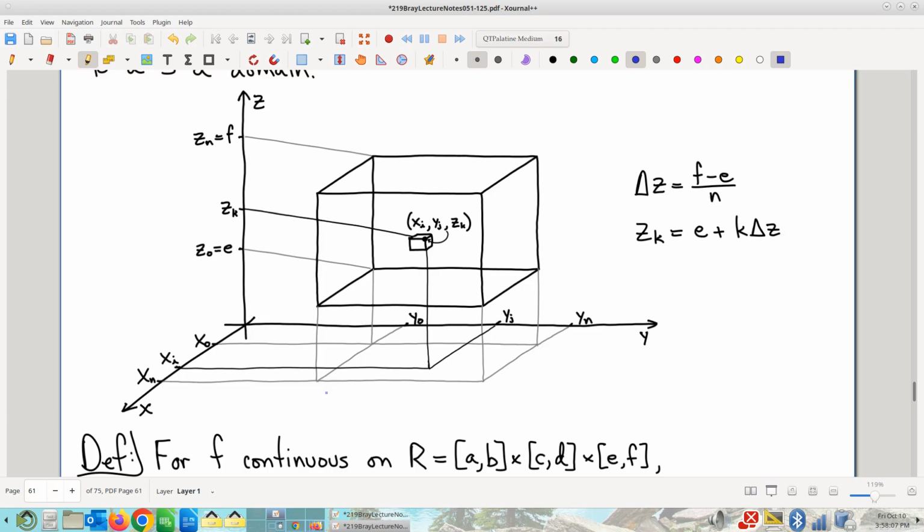All right, so I want to compute the total amount of pollution. Well, I would chop up my three-dimensional volume now into, well, that's not a sub-interval. It's not a sub-rectangle. I'm just going to call it a sub-box. Right, little three-dimensional piece of volume.